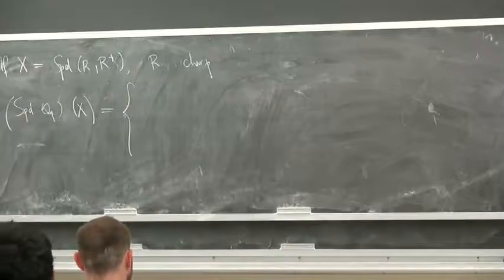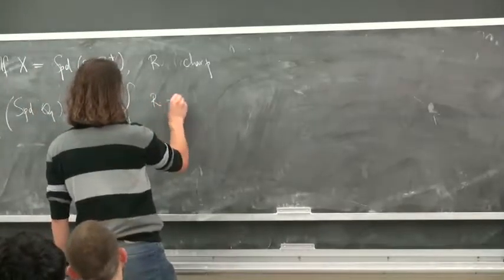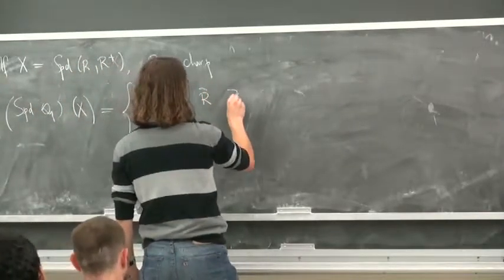Well, the first thing you can do is pull back this Z_p cross cover here, and that will give you a Z_p cross cover of R. So it was R to R tilde, a Z_p cross torsor.